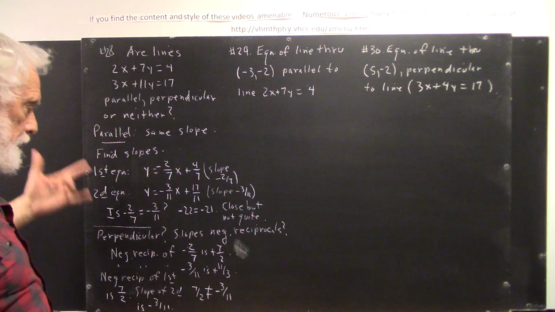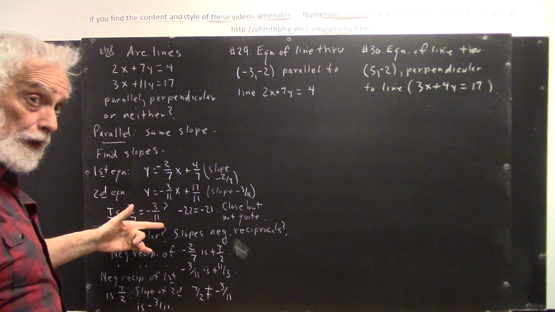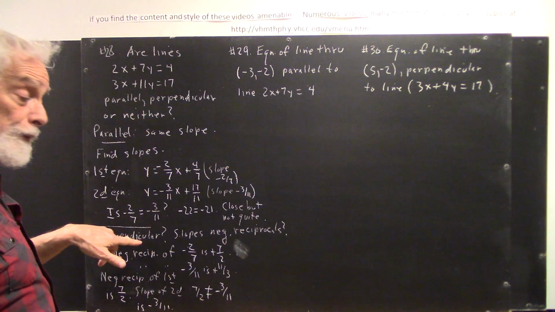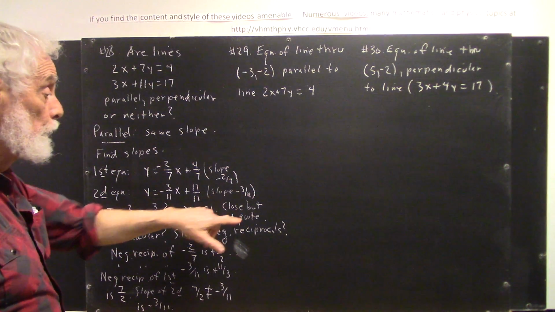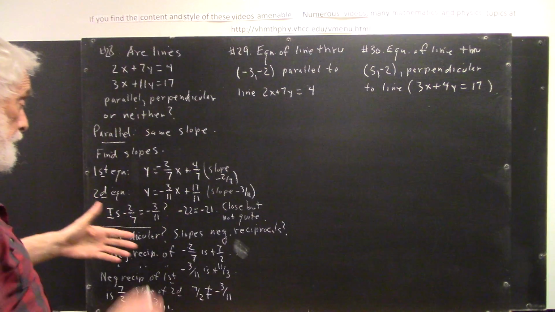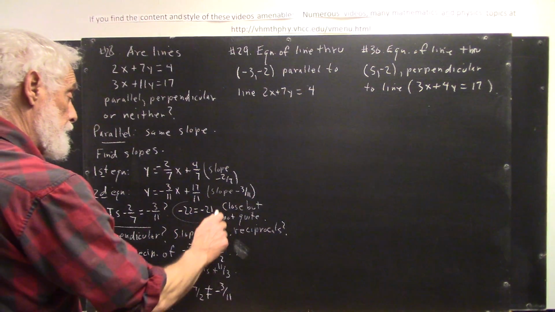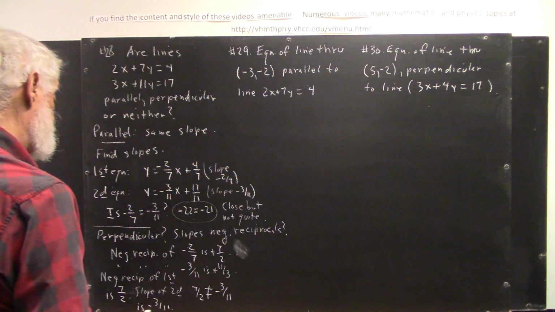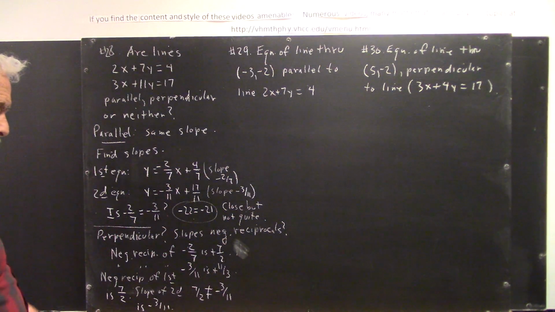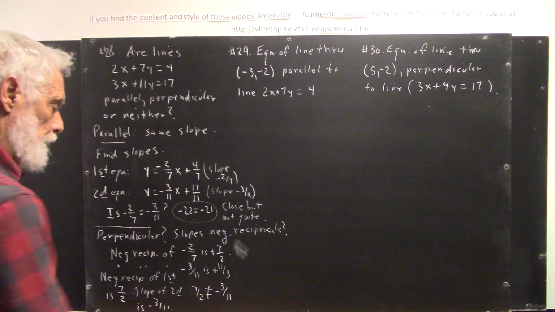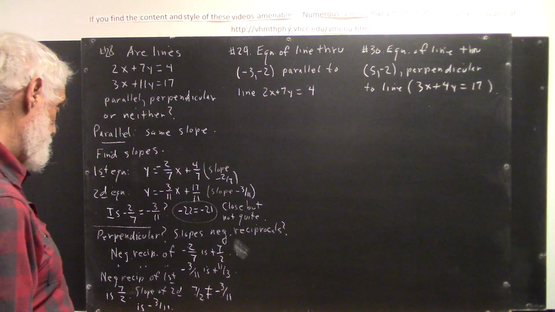With the negative 2/7 and negative 3/11, these slopes were close to being parallel. We had to do a little arithmetic to verify that this equation gave us this equation, which tells us that this isn't quite true. Here, it's not even close. This is positive and this is negative.